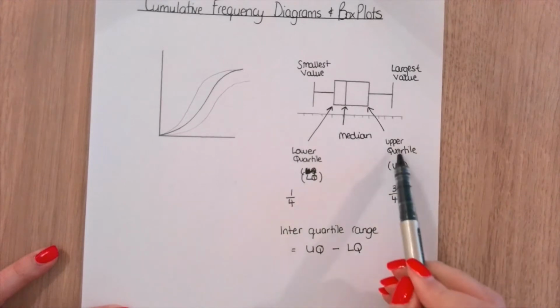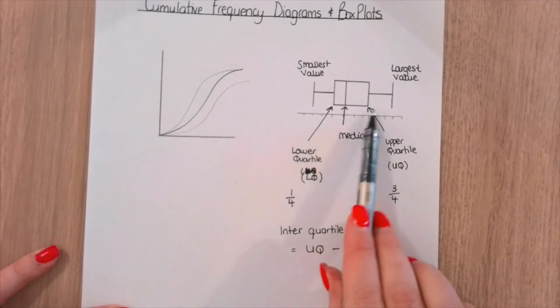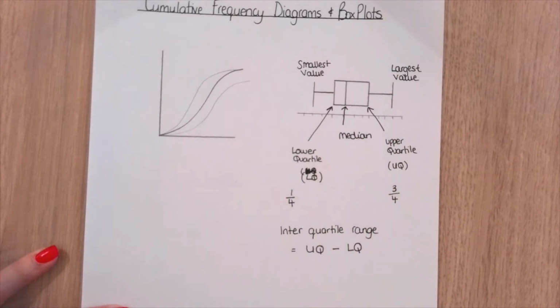So let's say the upper quartile value here is 10 and the lower quartile here is 4. The interquartile range would be 10 take away 4, which would give me an interquartile range of 6.